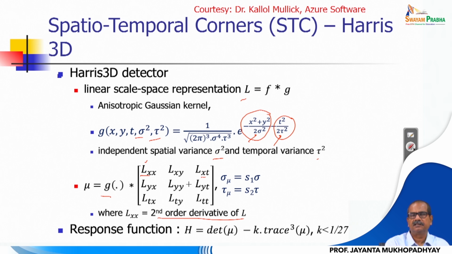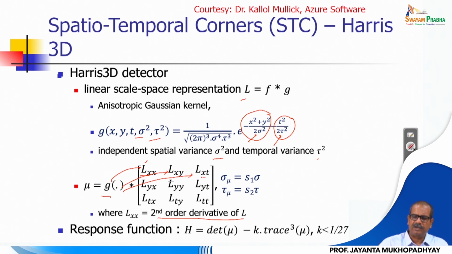There are 9 such different measurements at a single location, each giving a three-dimensional volume, and each one of them is smoothed. That gives you a set of 9 such 3D volumes of second order derivatives.